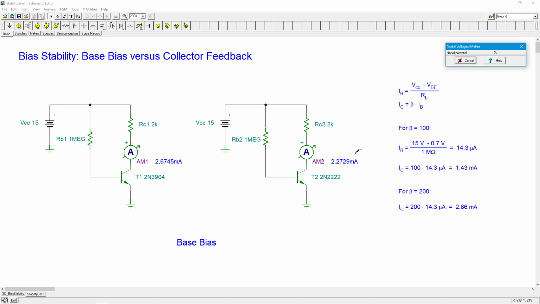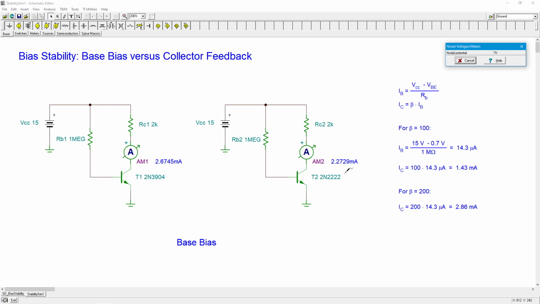The 2N2222, I'm getting a little bit less, 2.2729 milliamps. So not down around 100, halfway-ish. Maybe that's going to work out to 160 or so, something like that. But clearly we see what's going on here. These two transistors are going to have different betas, and we see different collector currents.